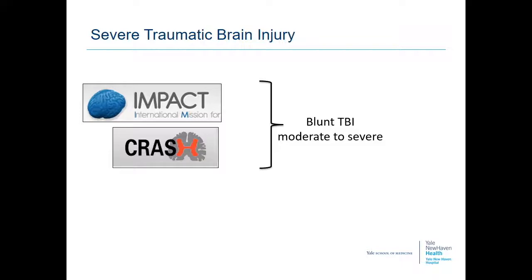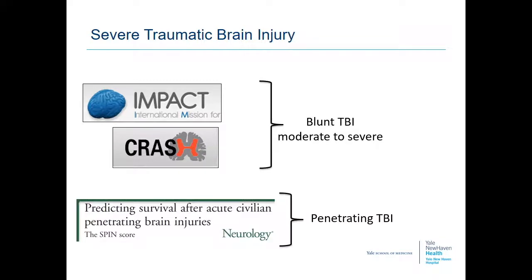For moderate to severe blunt TBI, you're really looking at the IMPACT and the CRASH calculators and prognostic models that exist. And with regards to penetrating TBI, Suzanne Muschlegel and her colleagues recently published the SPIN score that was in Neurology quite recently.